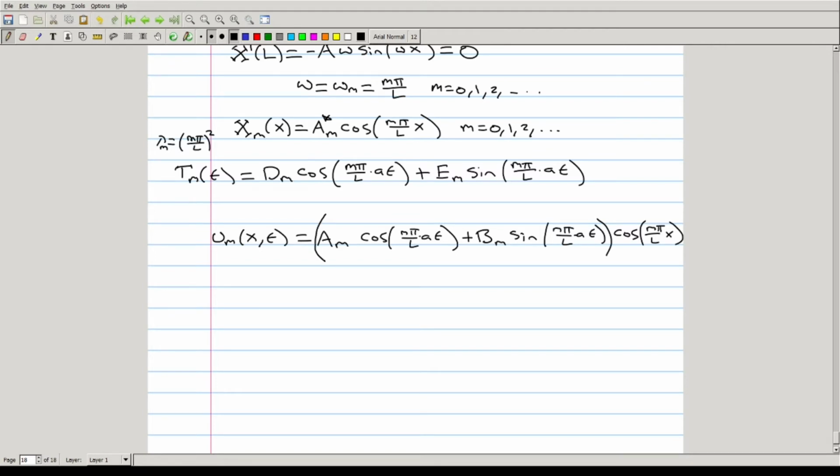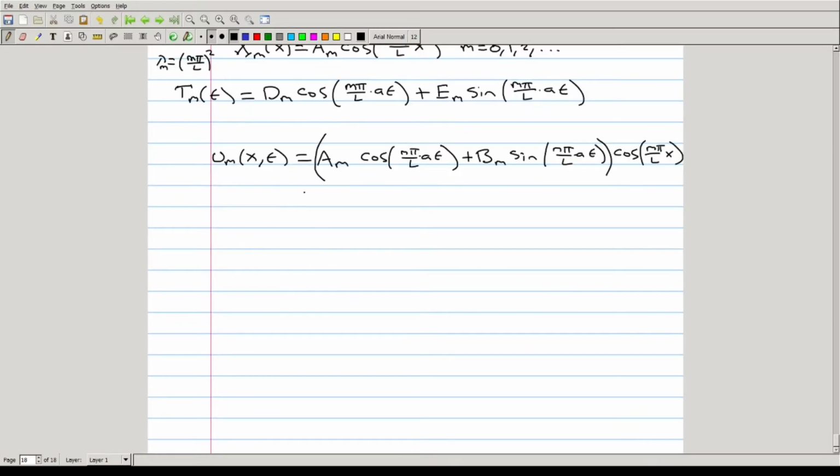And so just like before, because this partial differential equation is a linear partial differential equation, we can sum up each one of these solutions where m equals 0, 1, 2, so on and so forth, to get that general form for the solution to the wave equation.